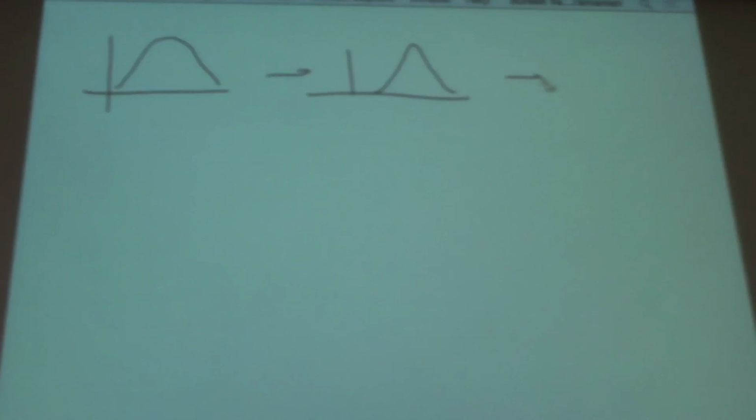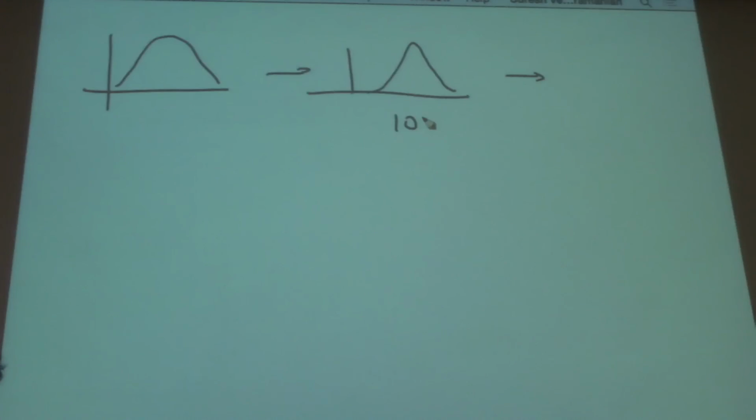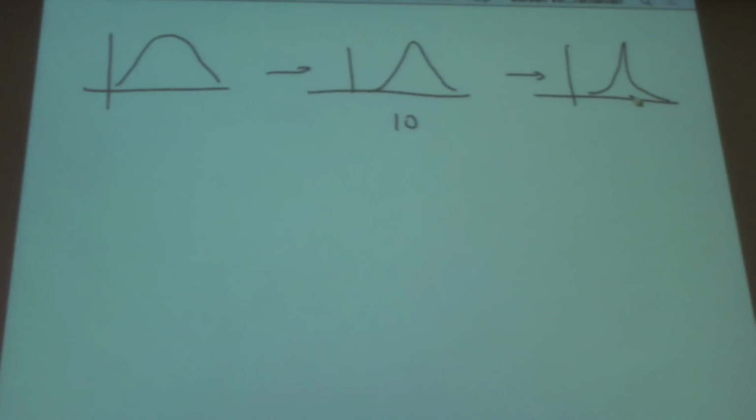But now you take the same die, you roll it 10 times, take the average, write that number down, and now record those values. The next step is going to look like this. Now take the same die, roll it 100 times, take the average, and do that a bunch of times and look at the plot you get. That number is going to look like this. Where in all cases, this is the mean. This is 7.